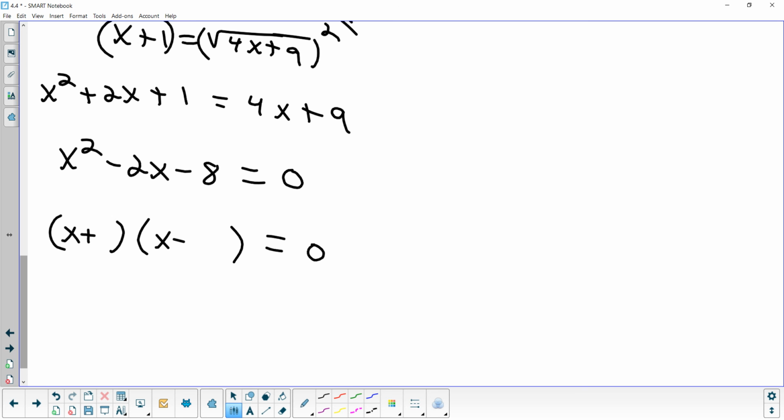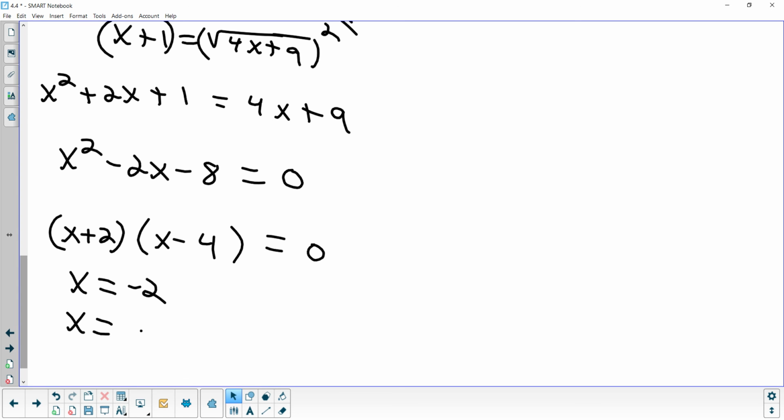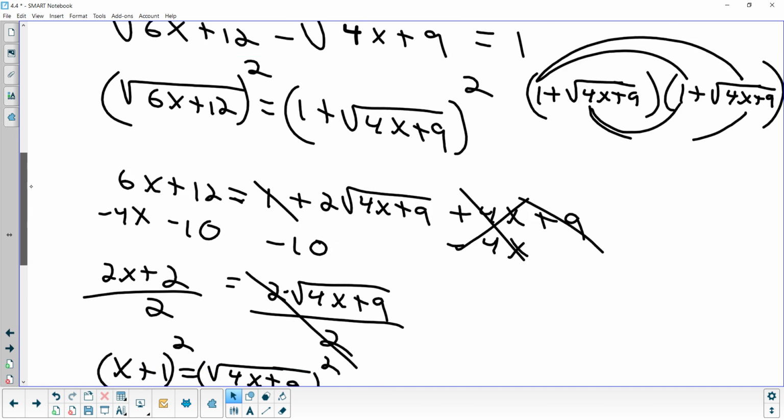So let's try a negative 4 and a 2. x squared minus 4x plus 2x. Perfect. What are my two answers for x? Negative 2 and 4. And all we have to do is make sure that they don't cause us to divide by 0. So negative 2 and 4.